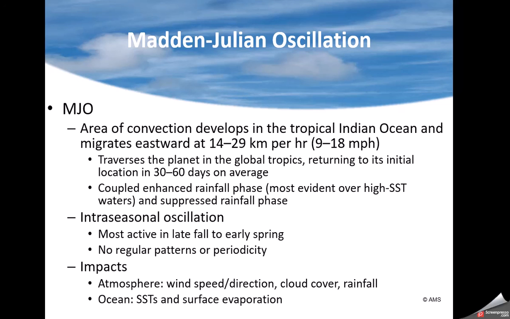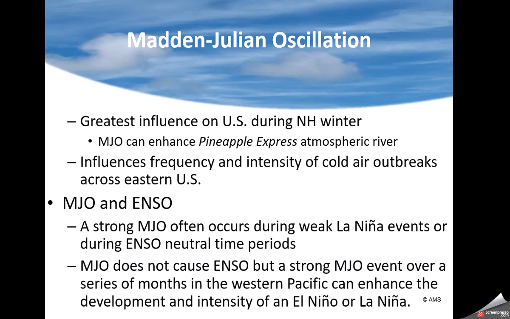And with that enhanced rainfall phase, you can actually bring more moisture into the Pacific Northwest or parts of the United States. And this will move across the whole globe with time and then reoccur. It has a great influence on the Pineapple Express or atmospheric rivers in the United States.